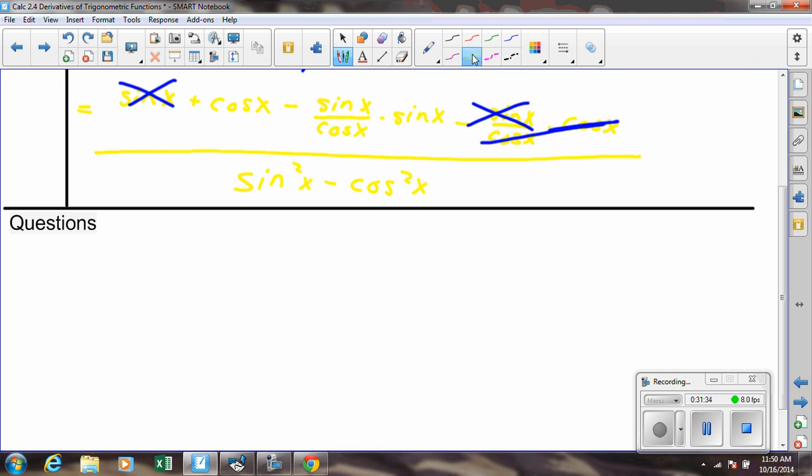And that will allow us to rewrite this as cosine of x minus sine squared x over cosine, all over sine squared x minus cosine squared x.